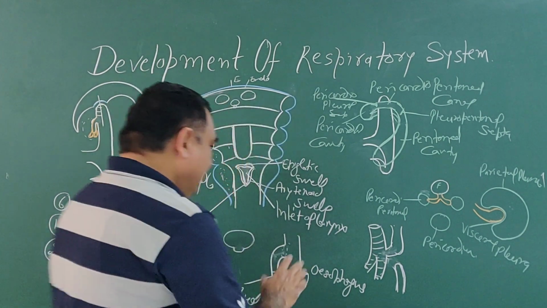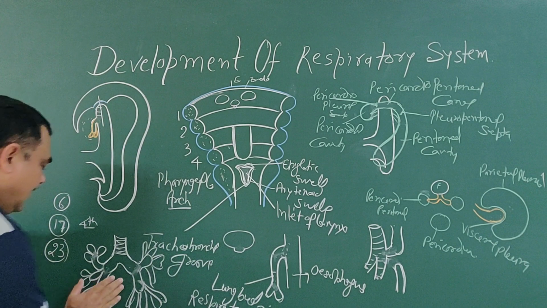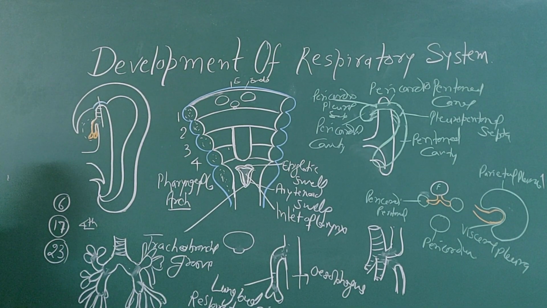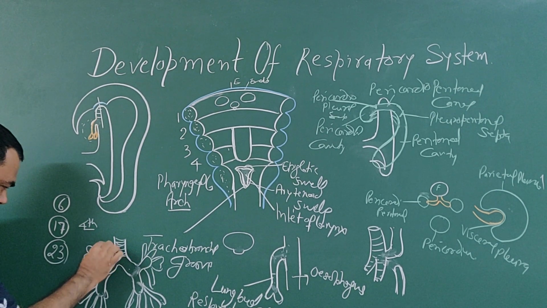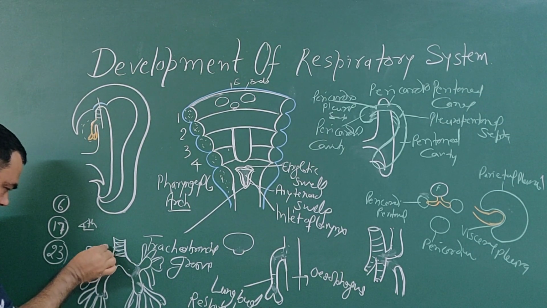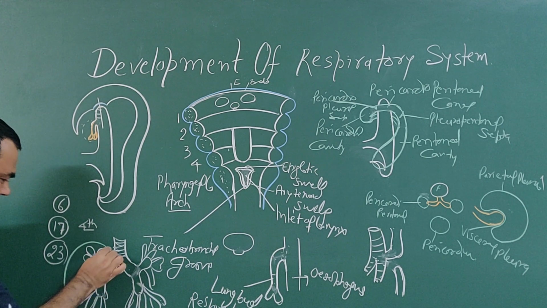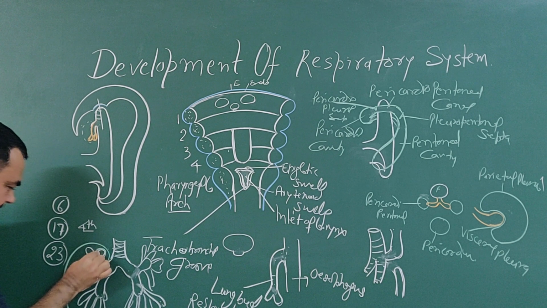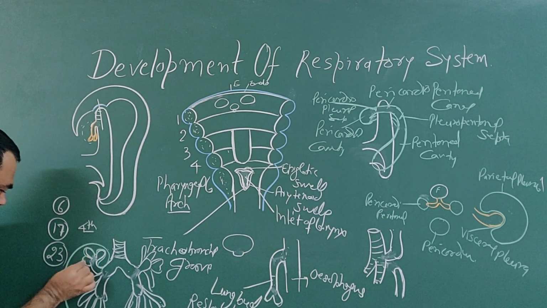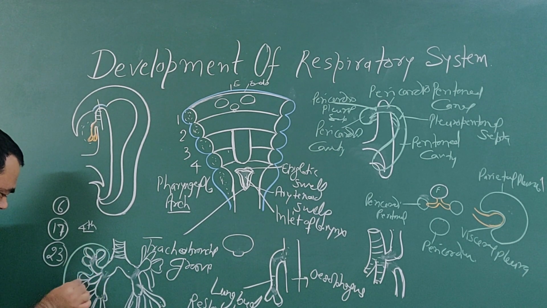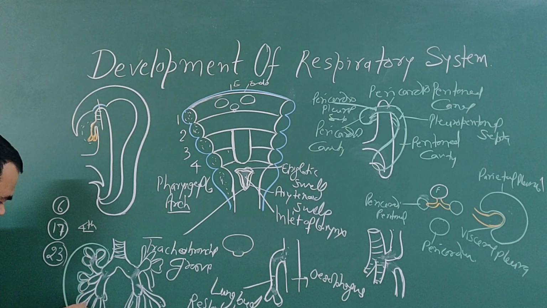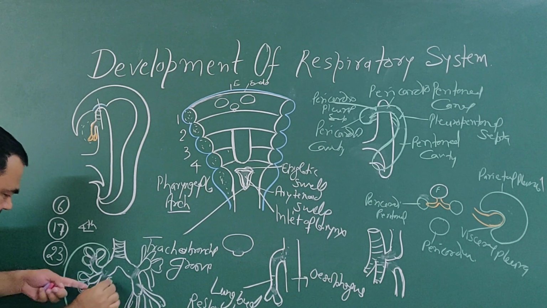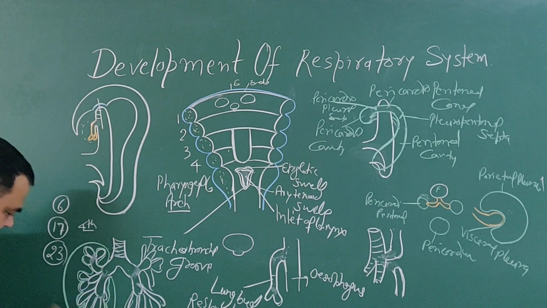If you see in this diagram, here the lung bud grows, and this is the condition of the pleura. This is the parietal pleura, and this is the visceral pleura, and from here it turns like this.